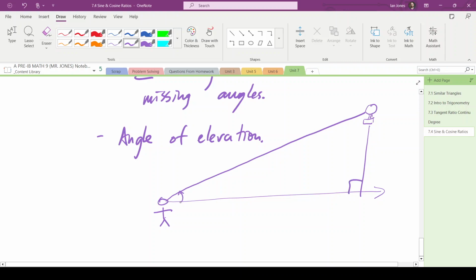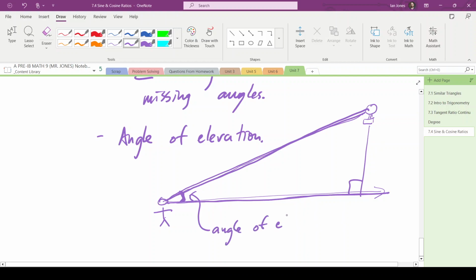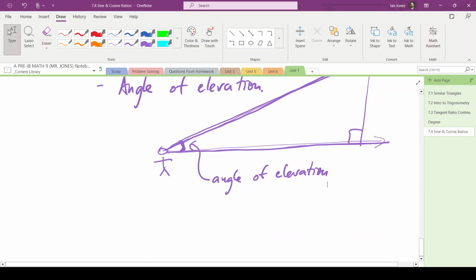But you go across and then you look up. That angle, the angle formed by your line of sight when you look across and then your line of sight when you look up, is called an angle of elevation. You will have word problems where they say calculate the angle of elevation, or they'll say the angle of elevation is 17 degrees, blah blah blah. Okay, so you need to know what that means. That's what it means, angle of elevation.